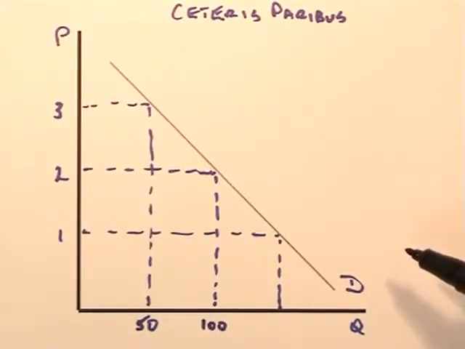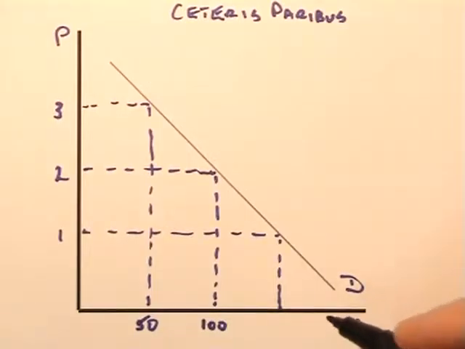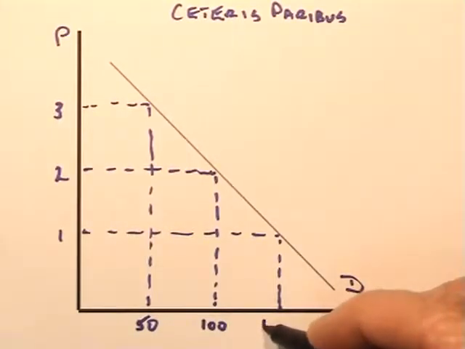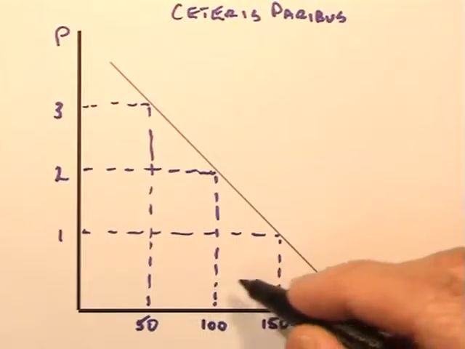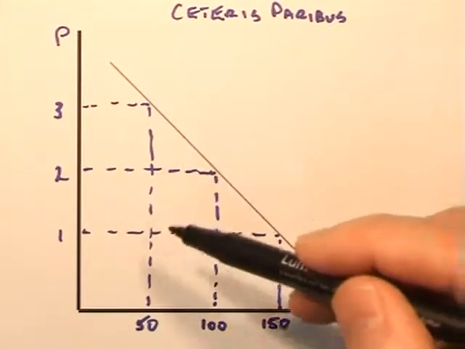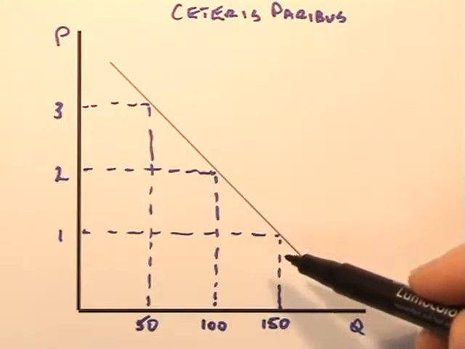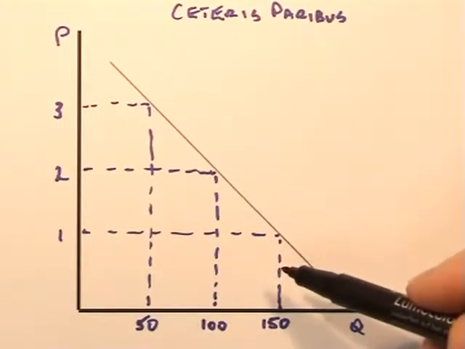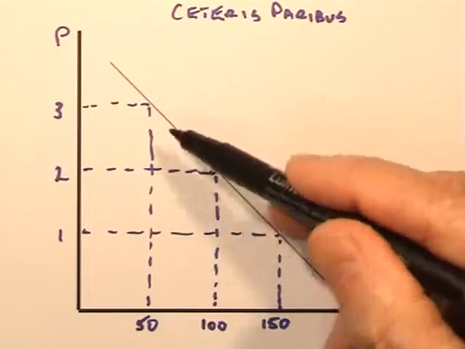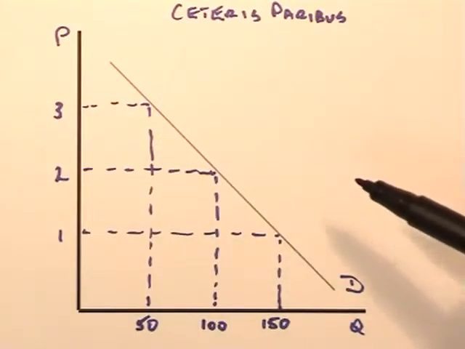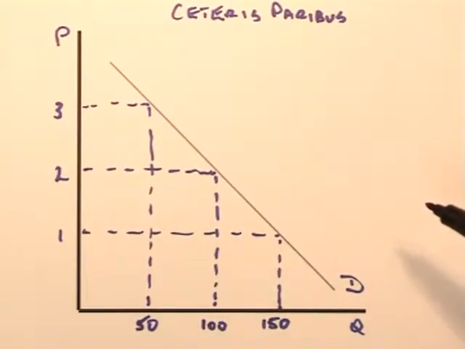And at a price of $1, you can see that in each of those cases, the lower the price becomes, the greater the quantity demanded. And therefore, the reverse is also true. The higher the price, the less a consumer is prepared to buy.